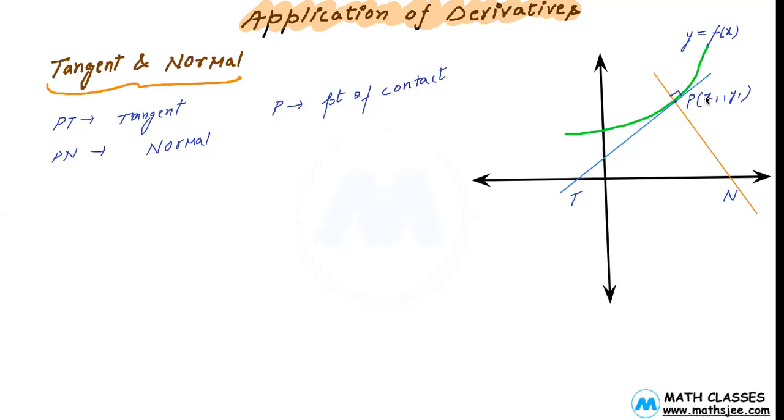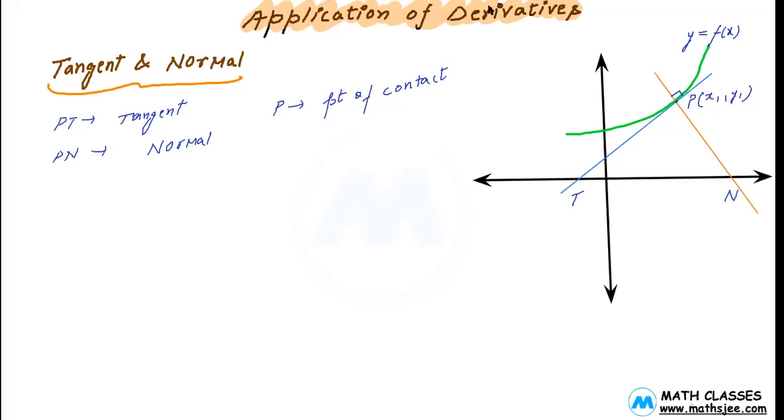Now, to find the tangent and normal, we first find the derivative at the point. That is why we have taken a specific point (x1, y1). So we can find the slope of PT. This slope of PT is nothing but dy/dx at the point (x1, y1). Since we know the point itself, we can easily find the equation of PT.